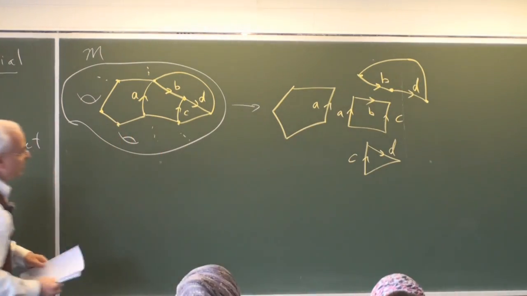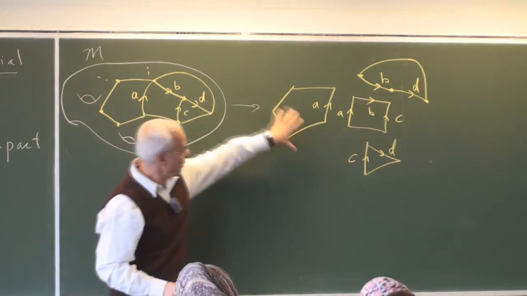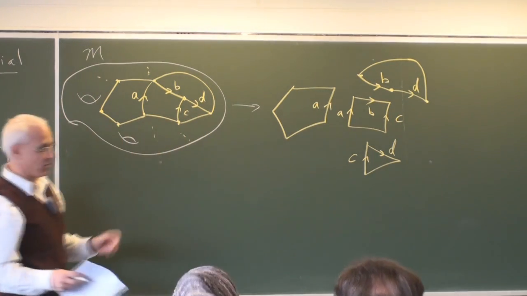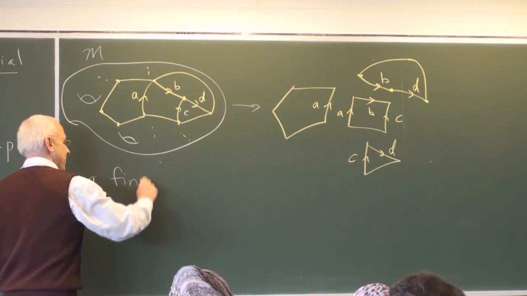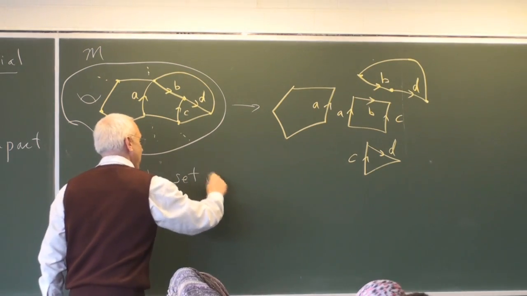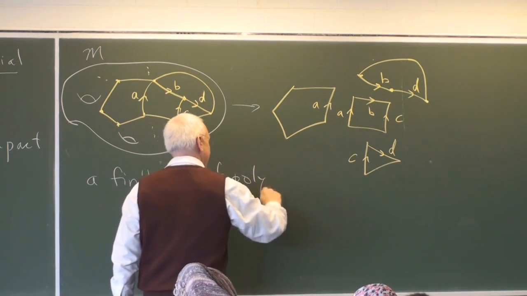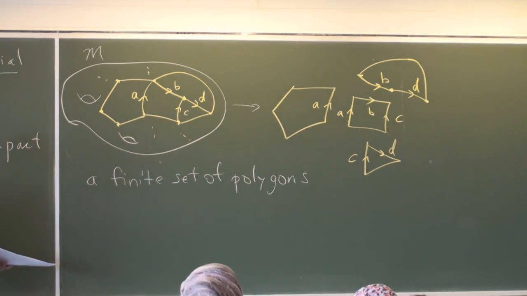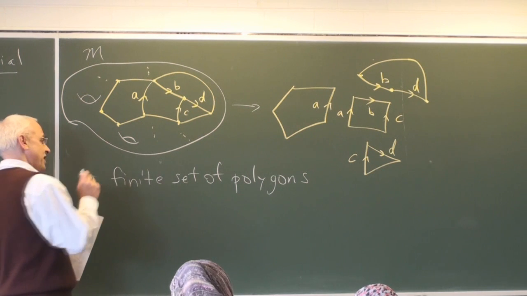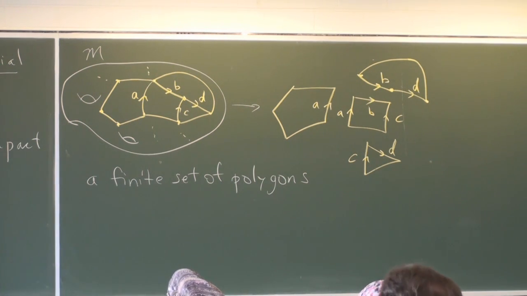Now, if we think rather about this pattern of polygons, what are the essential features? So we have a finite set of polygons. Maybe we should say also what kinds of polygons.